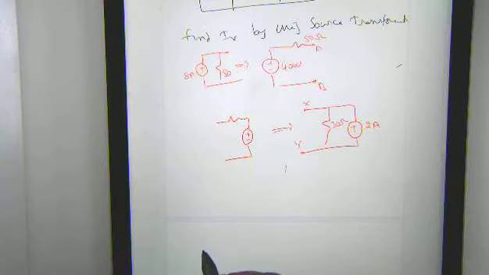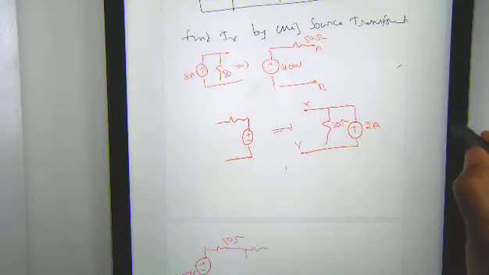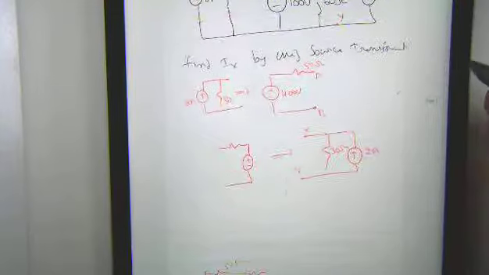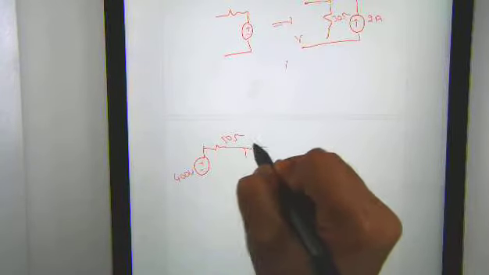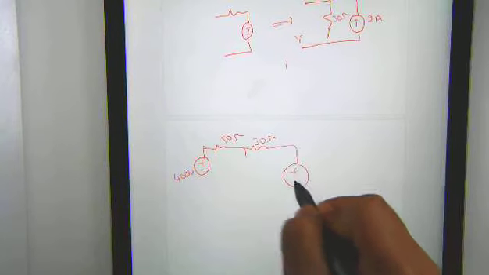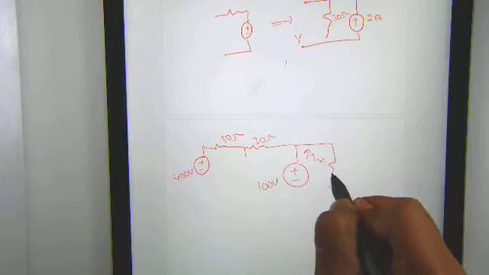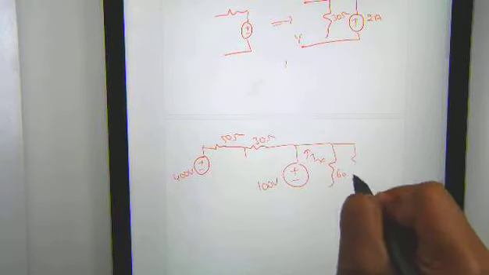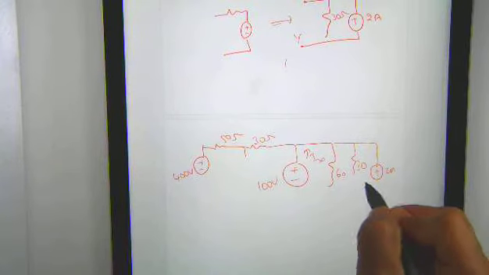I have a 400 volts now, 50 ohms, and then I think I have the 30 ohms there. Volts, Ix, I have 60, 30, 2 ampere.